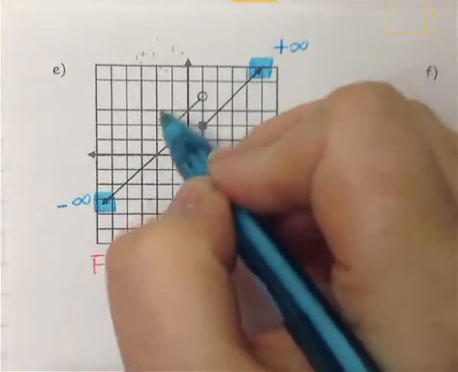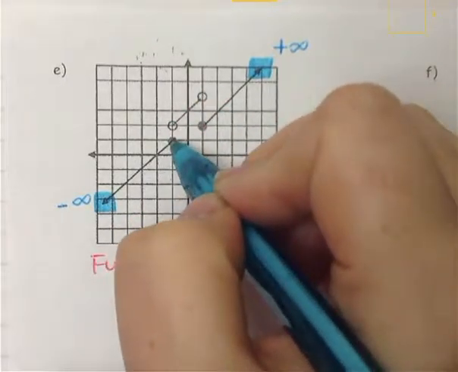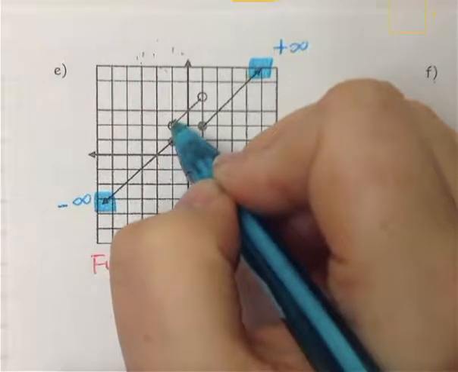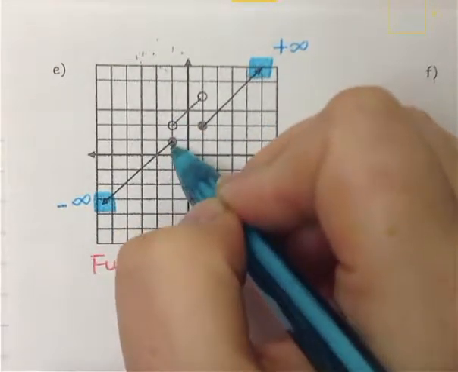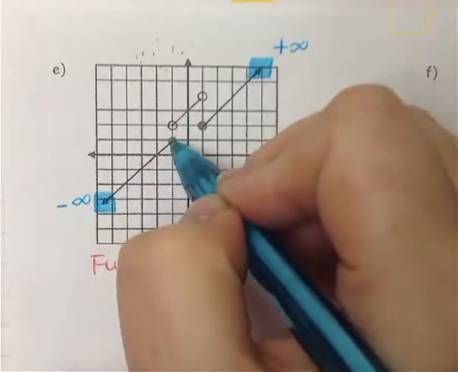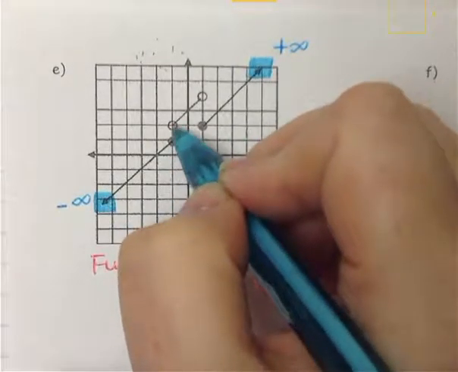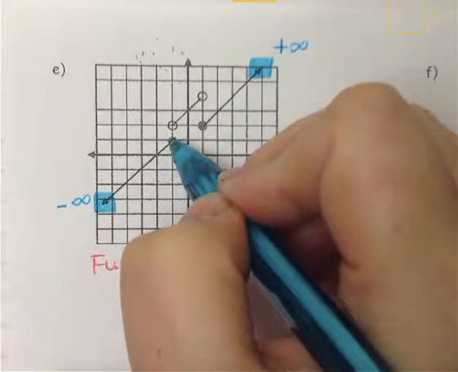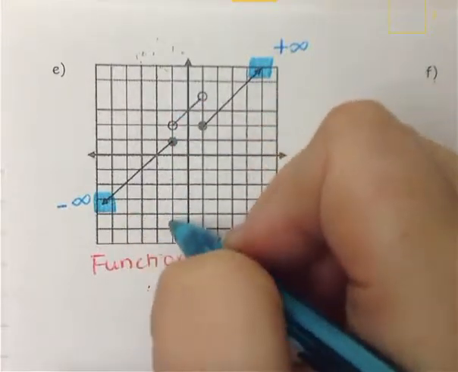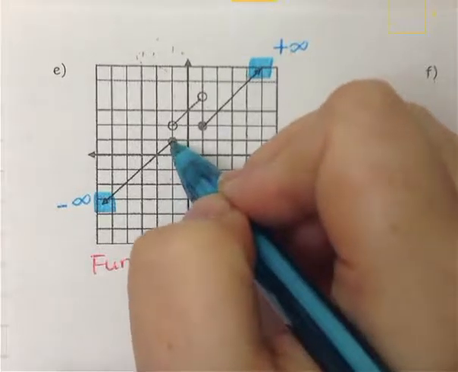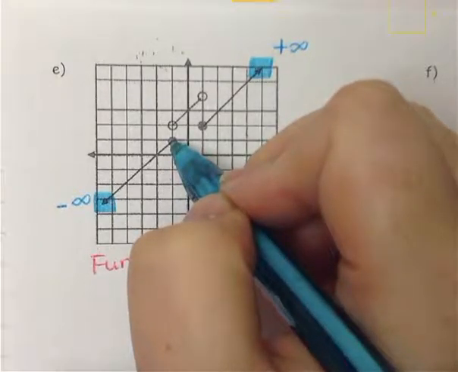I have another part of a graph. This is solid, but this part's not. This x value still has something solid on it, even though it's on a different part of the graph. As long as this x value has something solid, it's good.